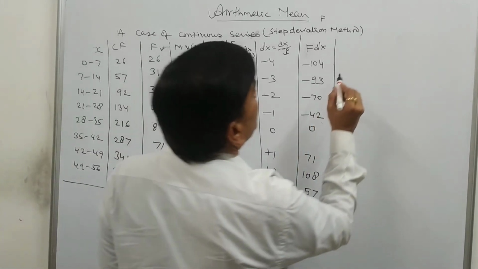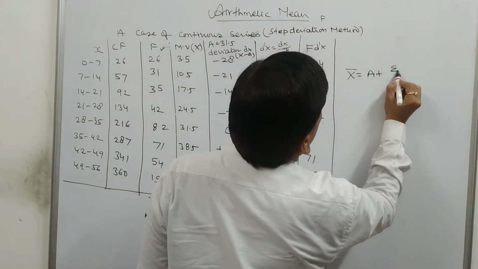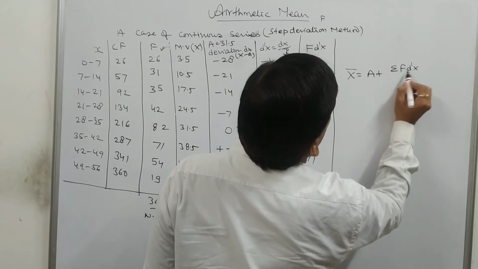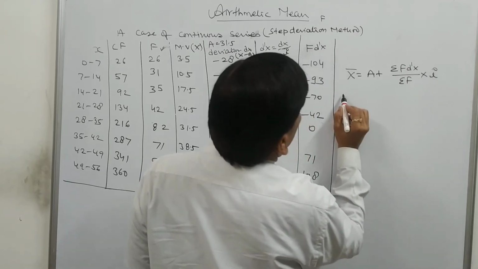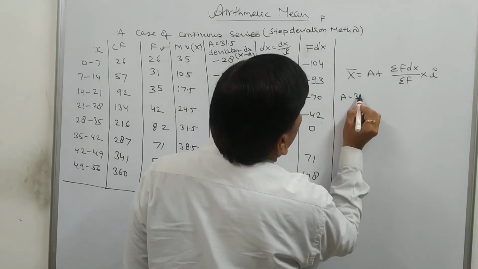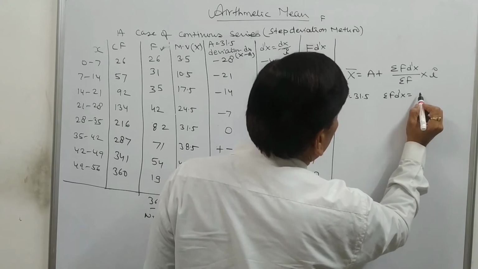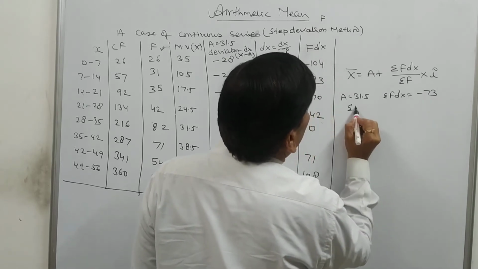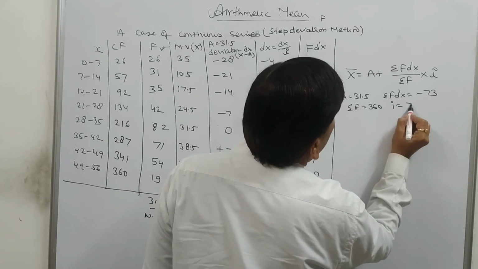Now the formula for the step deviation is x bar equals assumed mean A plus sigma f d dash x divided by sigma f, multiplied by I. The value of A is given, 31.5. Sigma f d dash x is minus 73. Sigma f we already know is 360. The class interval we know is 7.